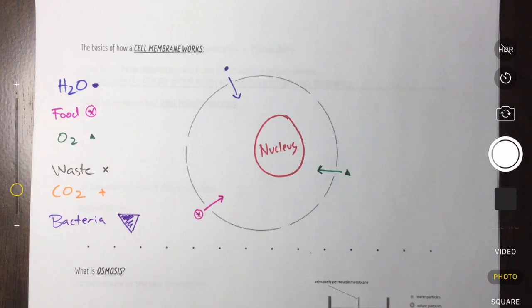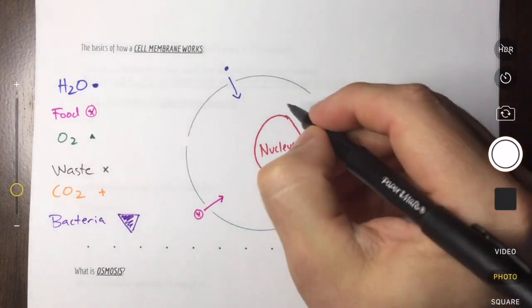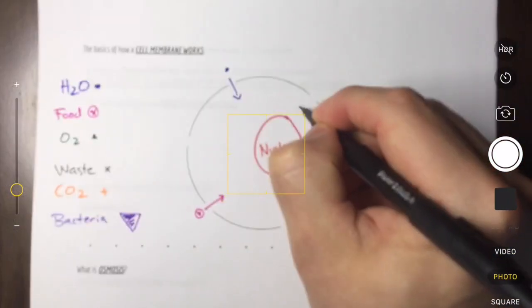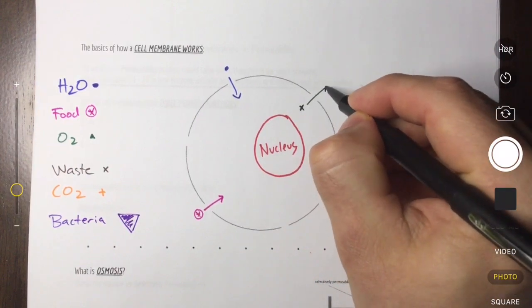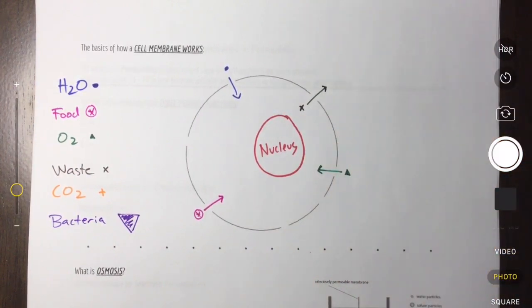Now, obviously, once the cell has used those things, oxygen, food, and water, one of the key things that is going to be created is some type of waste. So we might have waste, and this is going to be created by organelles inside of the cell. This is convenient because it's going to make sure that those little packets can fit out of those doorways, and it's going to be allowed to get out of that doorway.